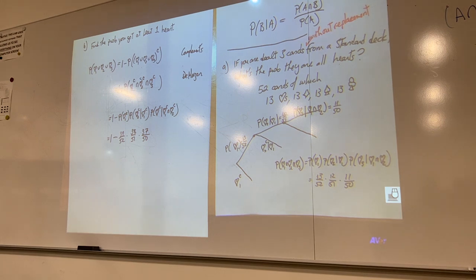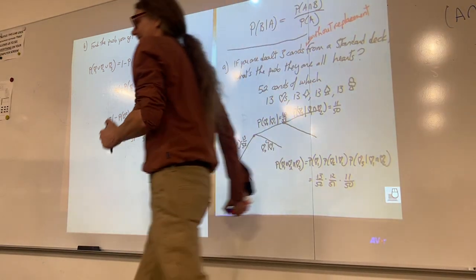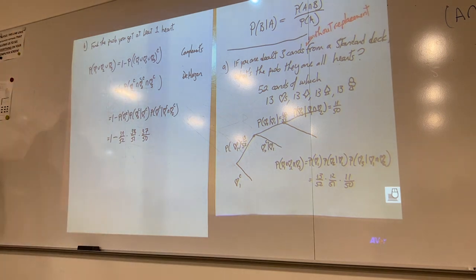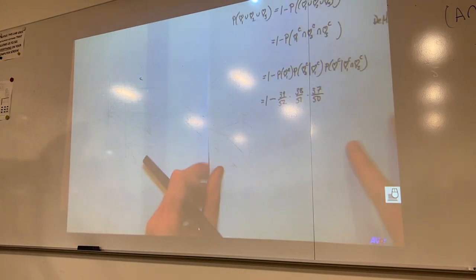Thank you so much. So the probability that only one is a heart, if I'm following all of this correctly, would be the probability the first one is a heart, and then the probability the second one is a heart, given the first one was not a heart, and the third one would be the probability the third one is a heart, given the first two were not hearts. There you go. I like that general idea.